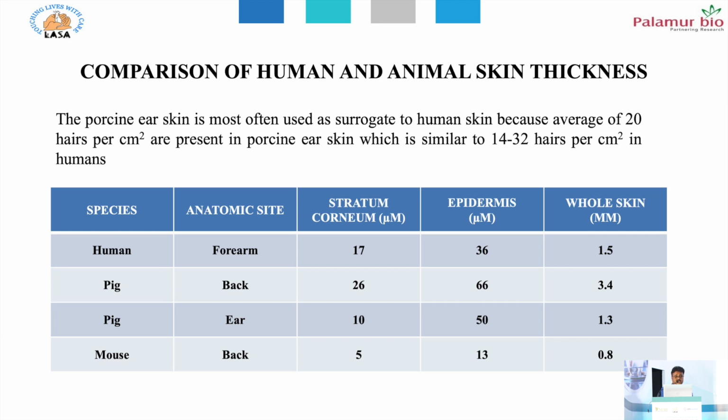And you can see the description of the species. Micrometer, and pig's ear is 10. Epidermis is 36, where pig has 50. Whole skin width is 1.5, and for pig is 1.3. So that tells you that you can surrogate the pig skin for the human.